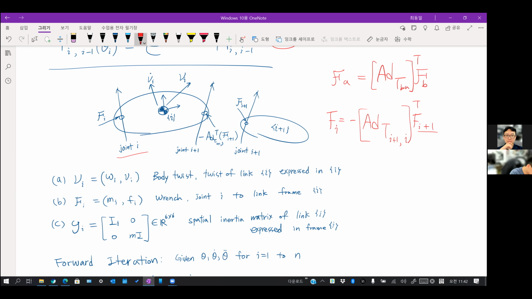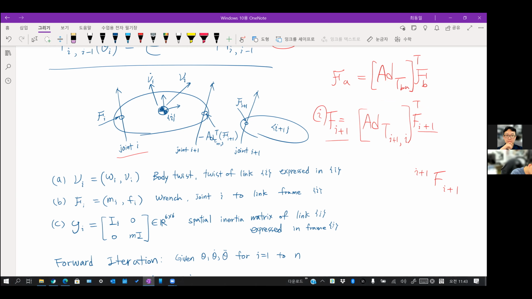So this one and this one are not the same one, but actually we can express it like this. F_{i,i+1} expressed in the i plus 1 frame. This one is F_{i+1} expressed in the i frame.